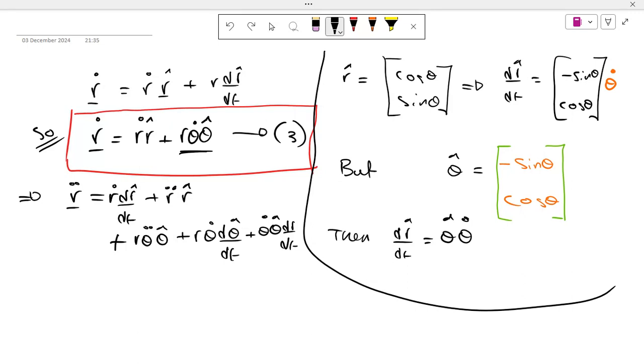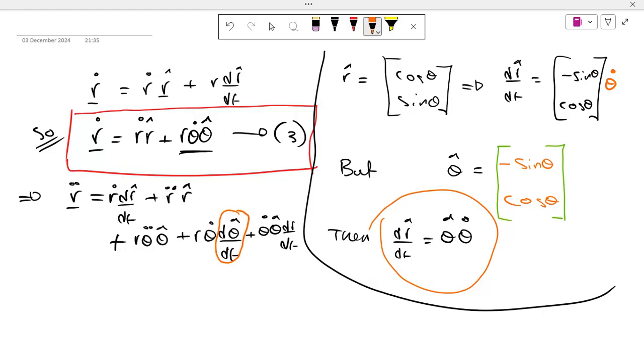So we know what dr by dt is. In fact, that's dr hat by dt. So we need to figure out what d theta hat by dt is.